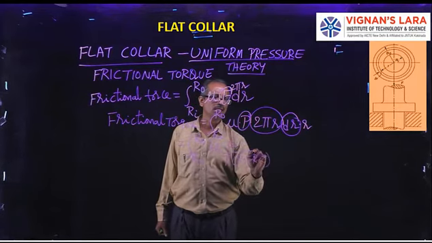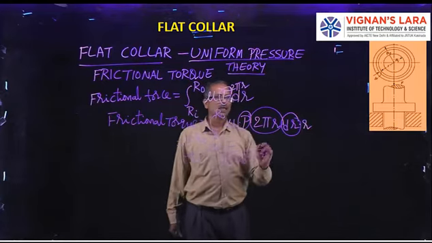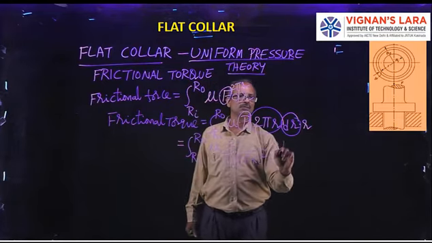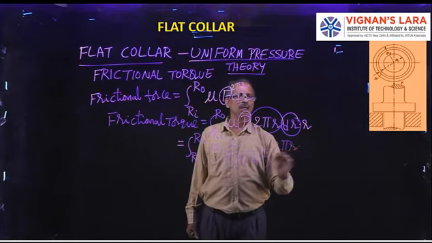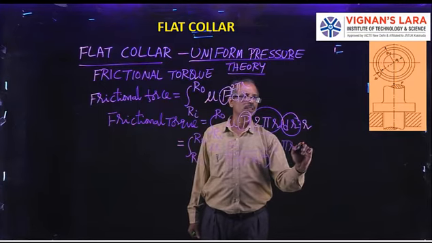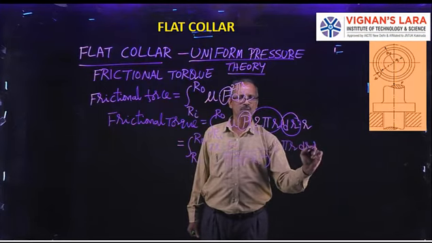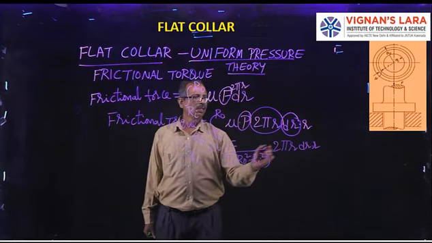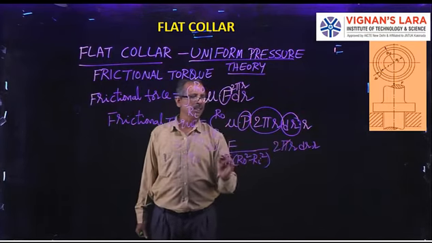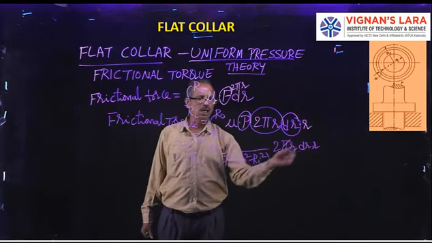minus ri square), and this is 2 pi r into dr into r. So this pi can get cancelled, r into r square.